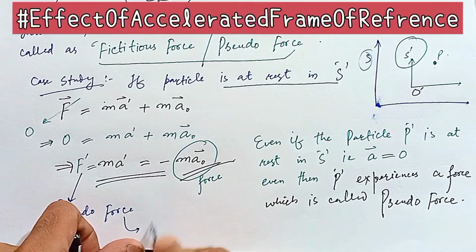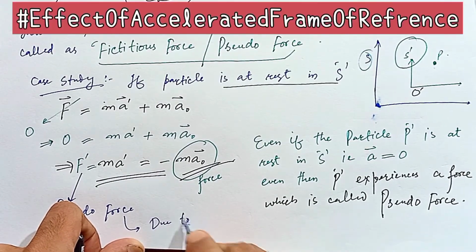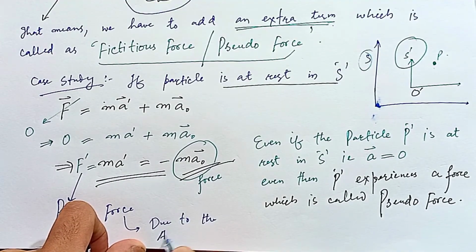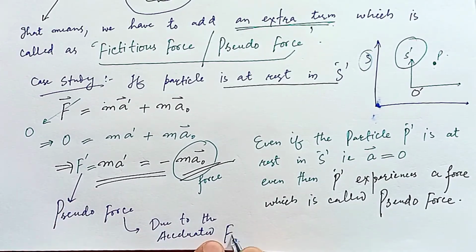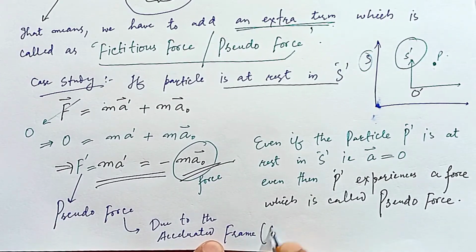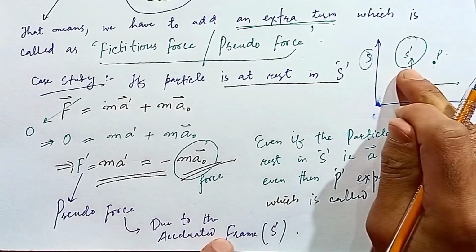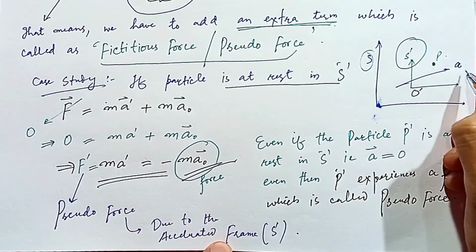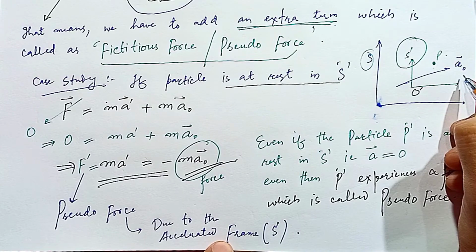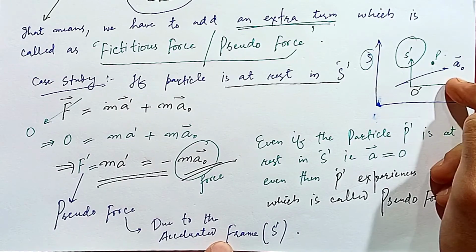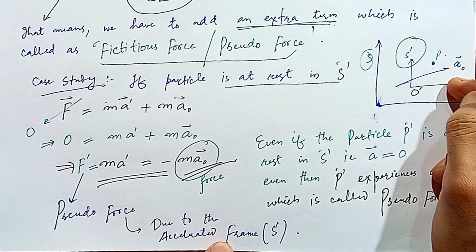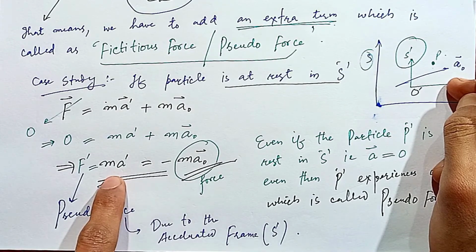It is due to the accelerated frame of reference. S prime is itself accelerated with some acceleration A naught, and that gives origin to that fictitious force.